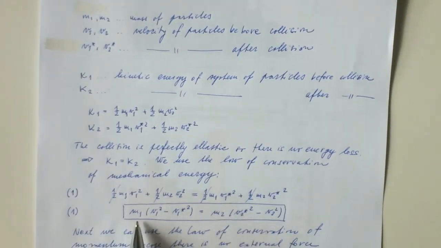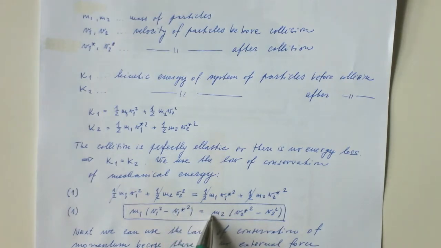For convenience, we can rewrite this equation into this form, where we take m1 out of the brackets and we can cancel all halves. So there is m1 by this, and from this side minus v1 star square.